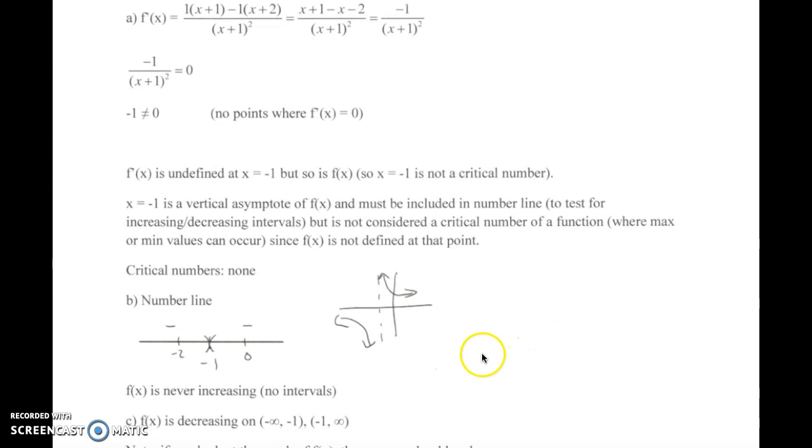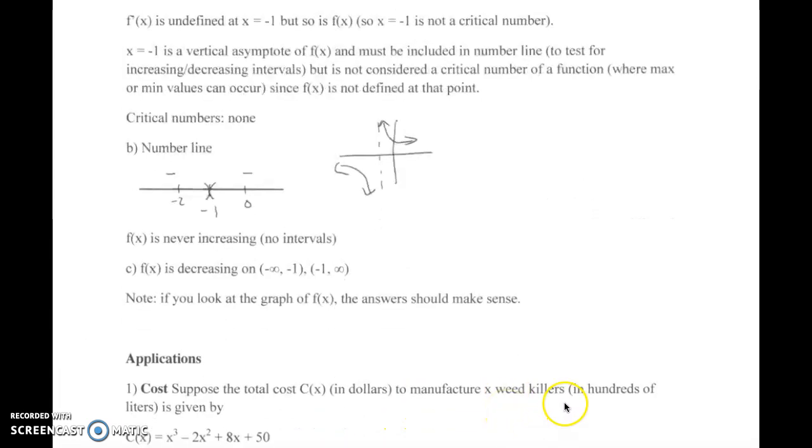So this function is never increasing. There are no positive values, and it's going to be decreasing around the asymptote. We cannot count the asymptote here. So the interval of decreasing is -infinity to -1. We have to separate it with a parenthesis and resume at -1 on the right-hand side to positive infinity. All right, and this should make sense just from the graph here.